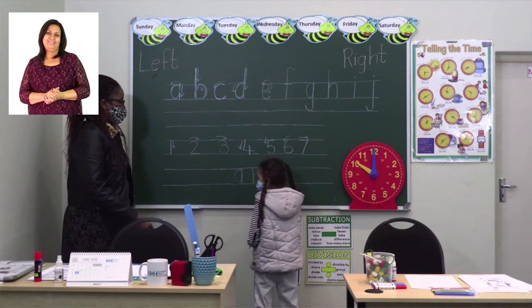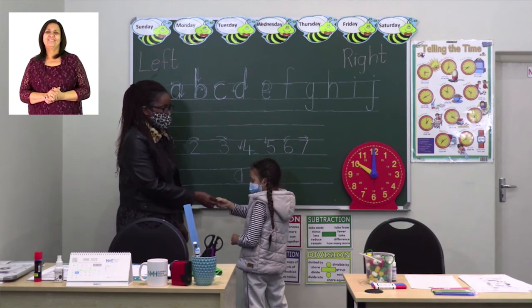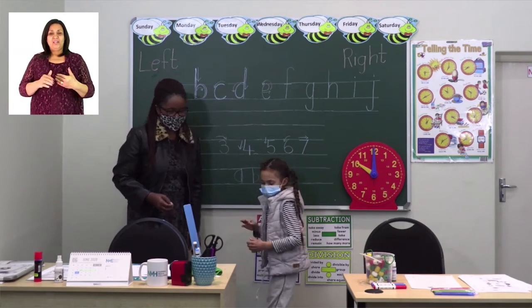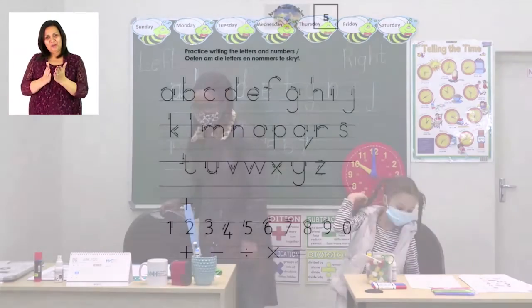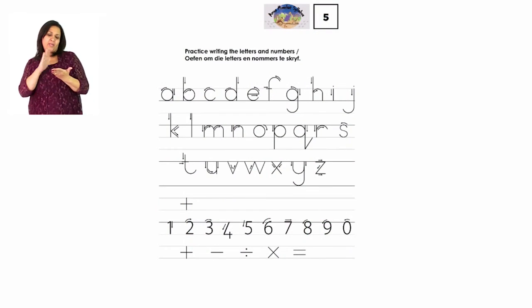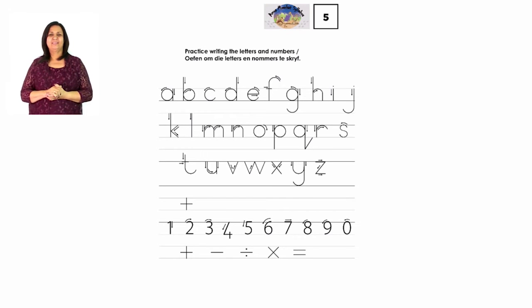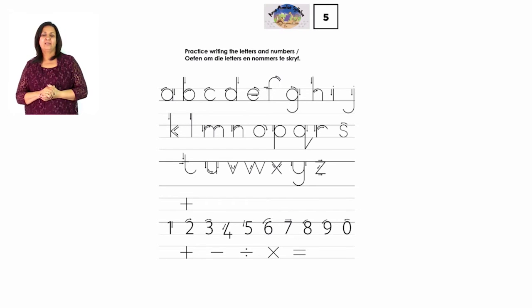Well done. Now let's get back to our booklet on page 29. I would like us to trace over with a pencil following the arrows. Wherever there is an arrow, that's where we begin.